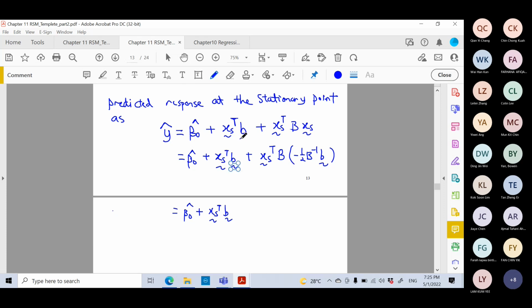This one, I put the transpose for the one. This one is minus, I will put the minus here. This one, B times B inverse, is the identity.